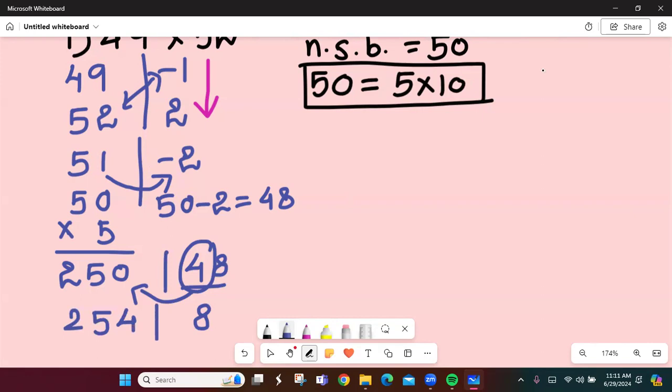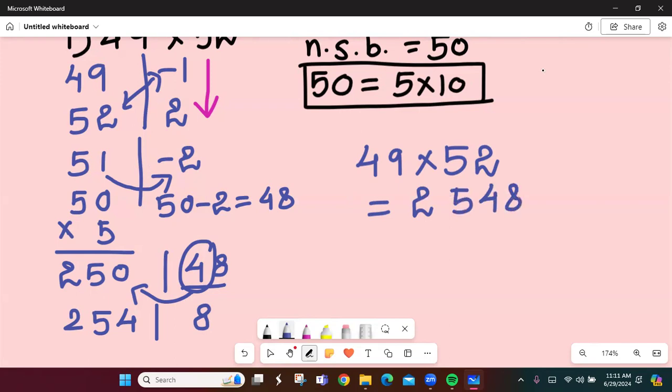And hence, finally, the product of 49 and 52 will become 2548. Okay.